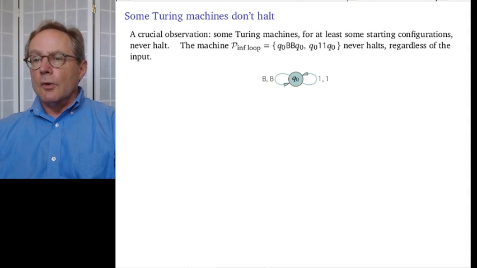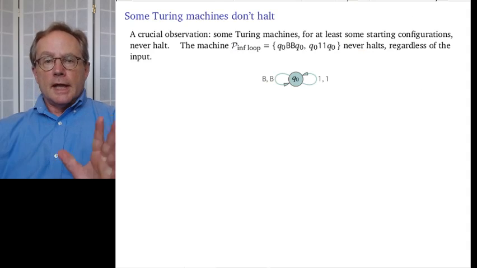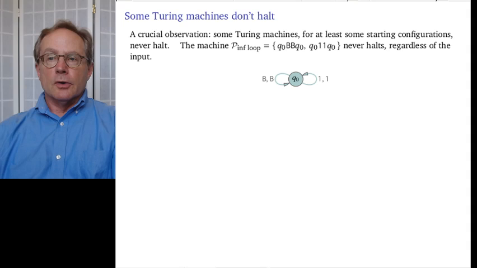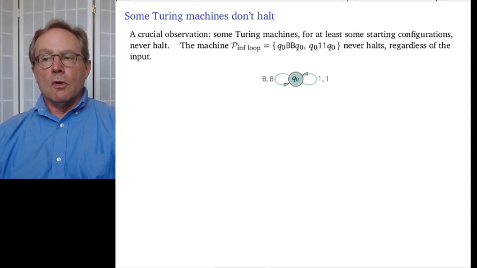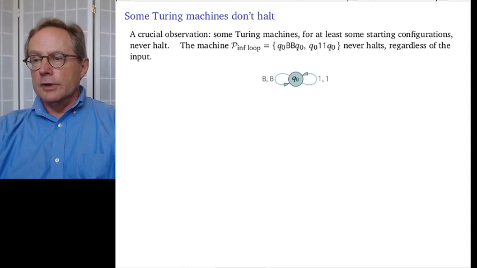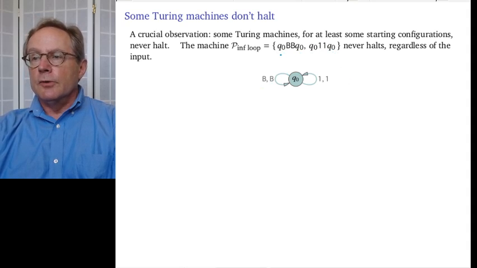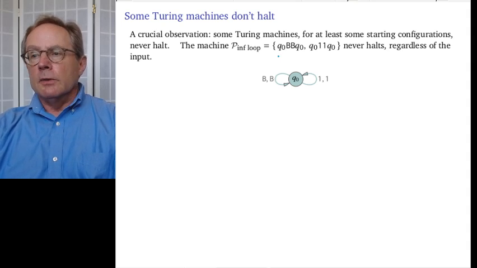So I'm going to scoot forward here a little bit. The last thing before I go to the definition is that we observe that some Turing machines don't halt. If you have this machine drawn using the little arrow and nodes diagram, or else described as a set of 4-tuples, then it doesn't matter what you give it, it will never halt.